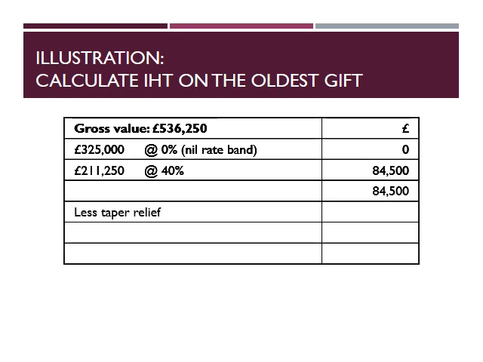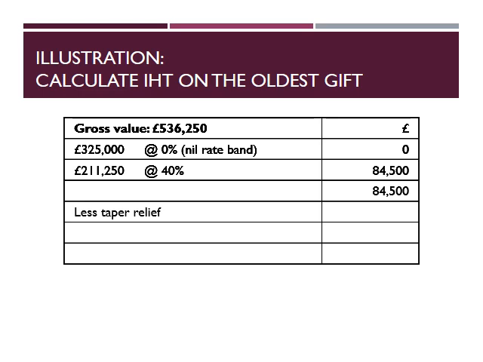We can then deduct taper relief, and here we've got to work out how many years there were between the date of the gift and the date of death. And in this example, it's between 6 and 7 years.